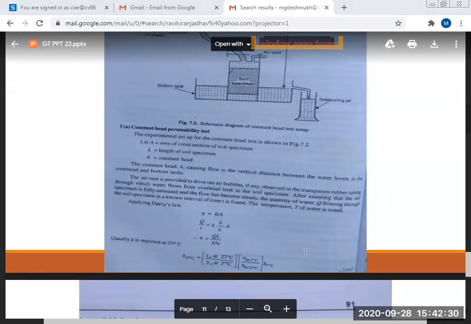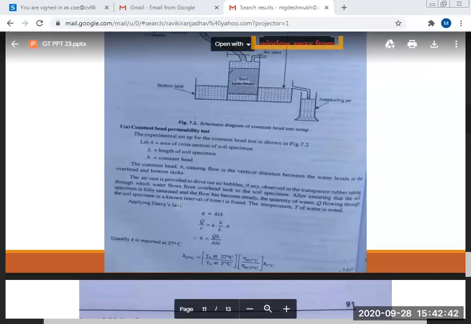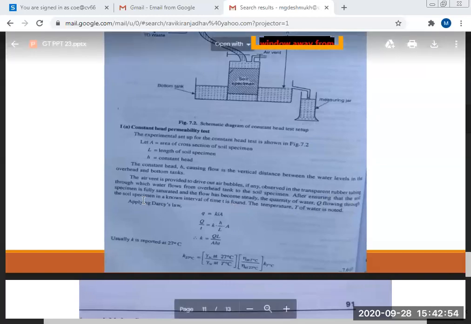After ensuring that the soil specimen is fully saturated and the flow has become steady, the quantity of water Q flowing through the soil specimen in a known time interval T is found. Once again, after ensuring that the soil specimen is fully saturated, of course it should not be dry, it should be saturated.